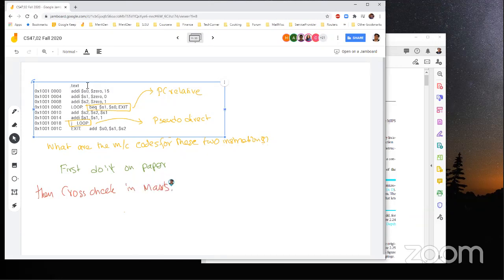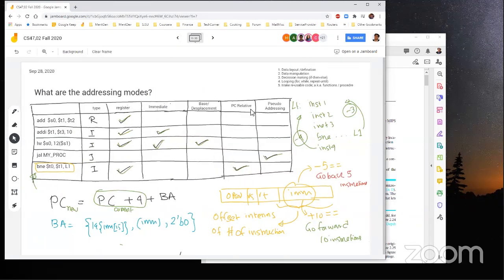So don't go to Mars right away and see, okay, this is my address. Don't just get to the answer. The important point is how you get that answer. That is the important point for you to understand, and that will possibly give you a deeper understanding of how this addressing mode affects your machine code generation.